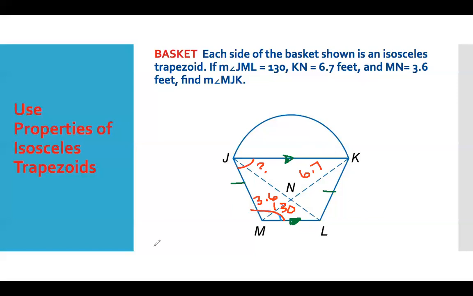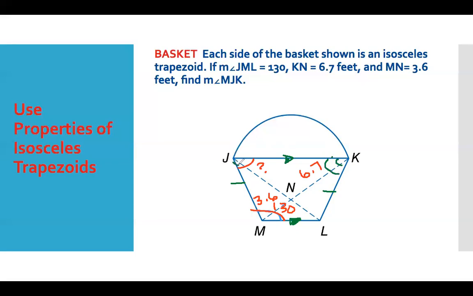So what can you tell me about the measure of angle MJK, which is that one where I have the question mark? What can you tell me about MJK? It's going to be equal to LKJ, so it's going to be equal to this one here. So I'm going to put 2 here.